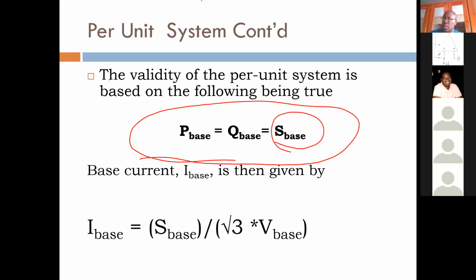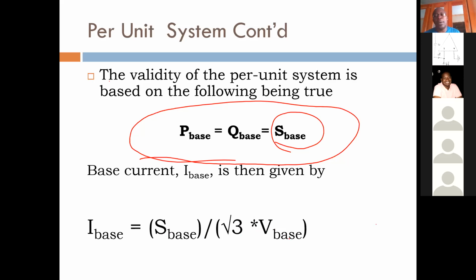Your S base, what you select, divided by √3 times your V base, which you also select, gives you your I base.